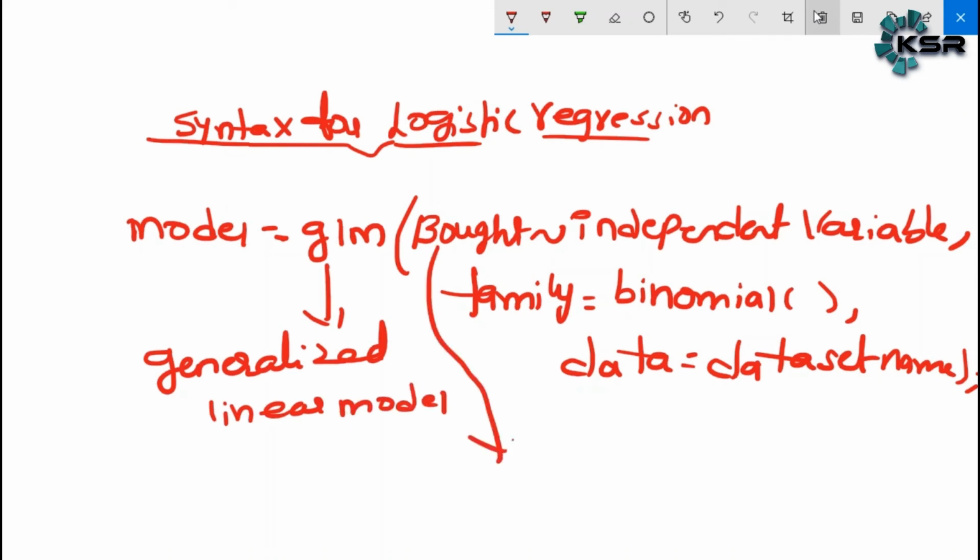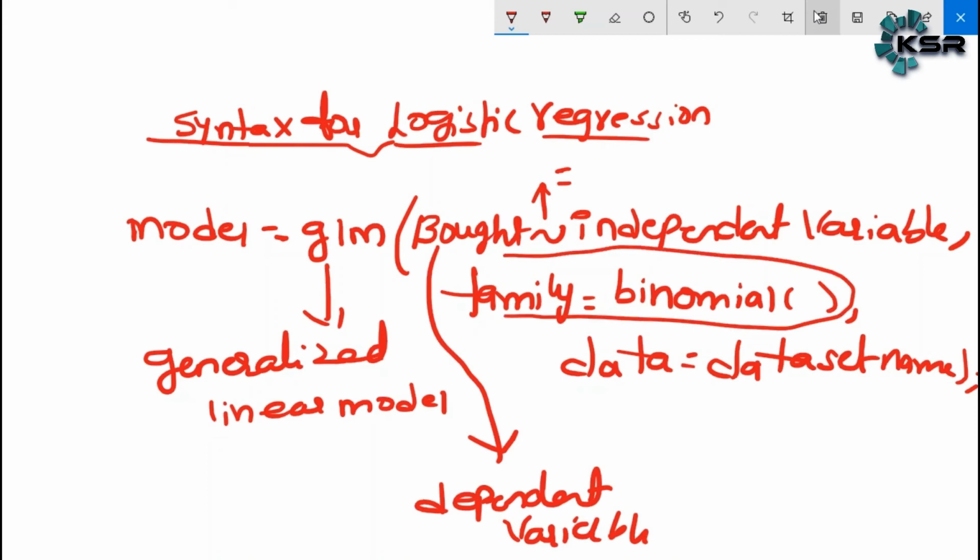What is your dependent variable? And tilde is nothing but an equal kind of thing, followed by the independent variables. Family is called binomial because the background works on the binomial distribution. Data is equal to data set name, whatever data set we are going to use. This is the syntax of logistic regression.